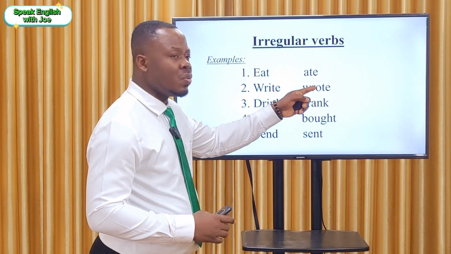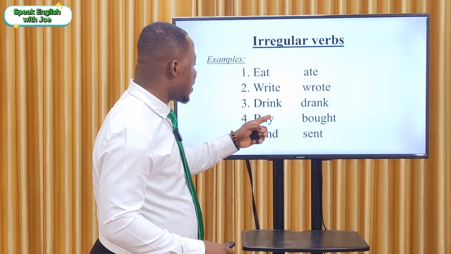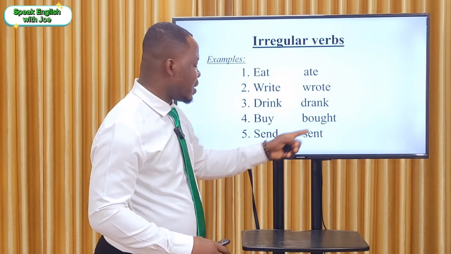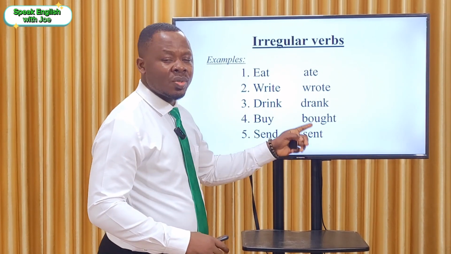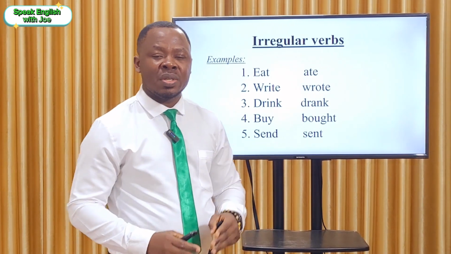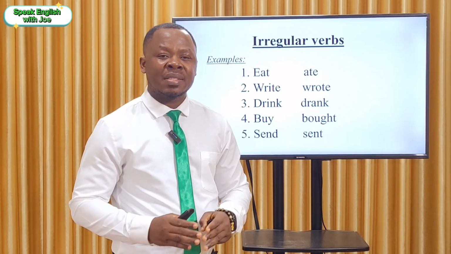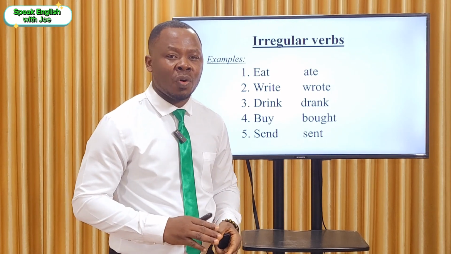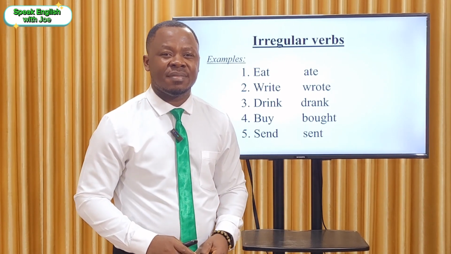Write changes to wrote. Drink changes to drank. Buy changes to bought. And send changes to sent. So with irregular verbs, the past simple tense changes quite a bit from the base form of the verb.